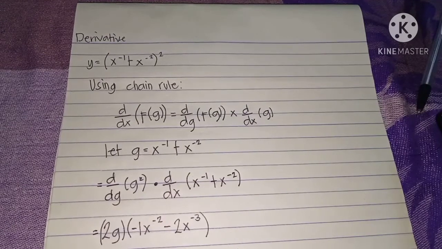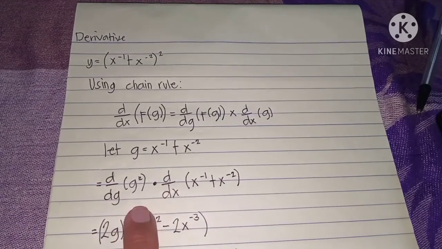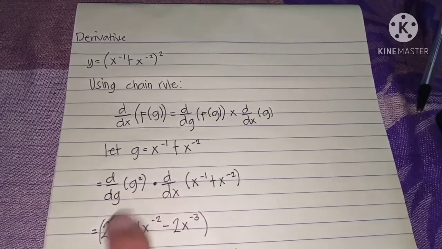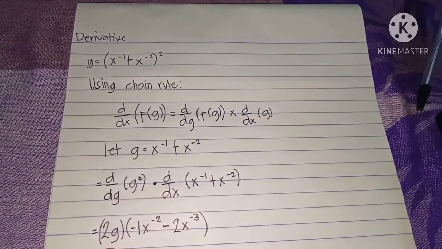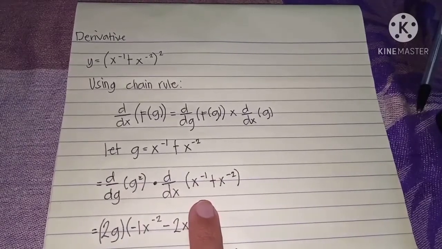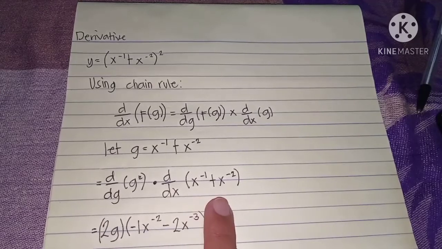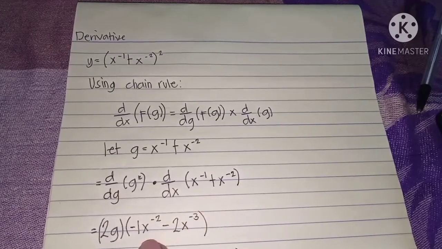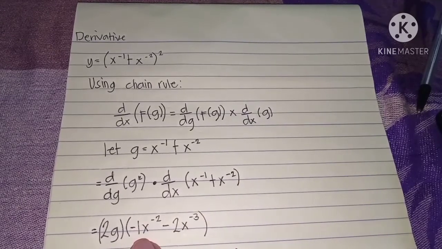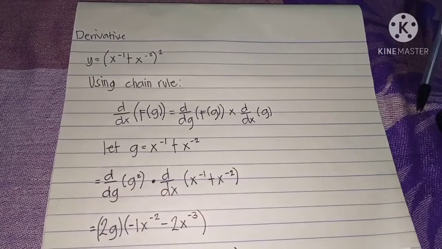And then the derivative of g squared is 2g, and the derivative of x raised to the power of negative 1 plus x raised to the power of negative 2 is negative 1x raised to the power of negative 2 minus 2x raised to the power of negative 3.